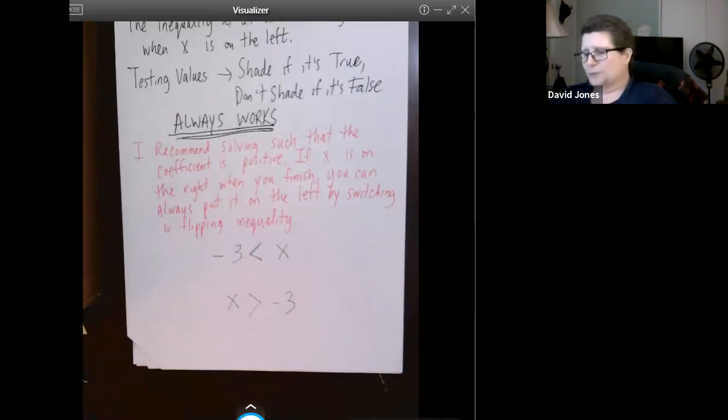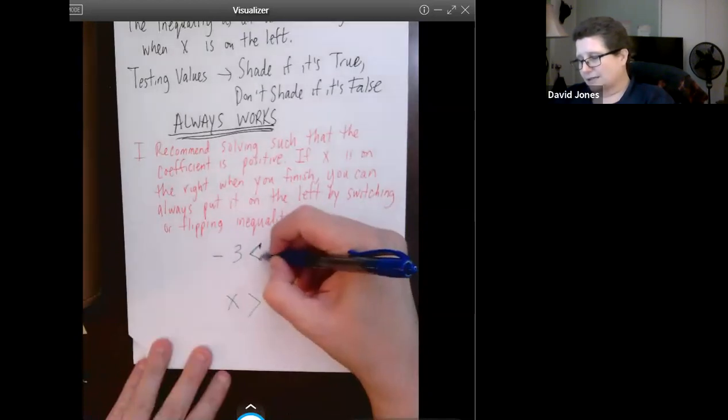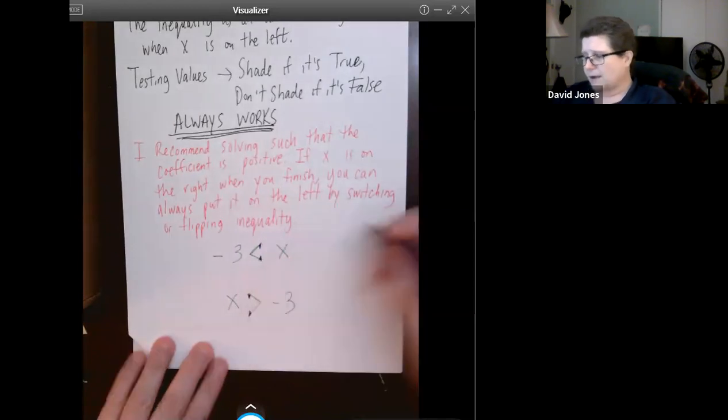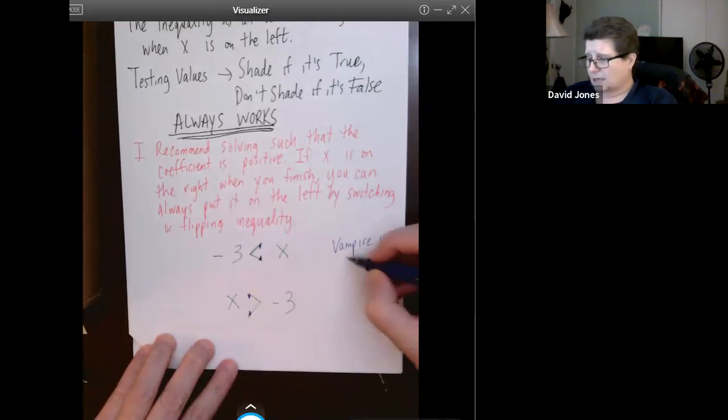Something that might help you is pretend this is a little alligator mouth or vampire mouth. The vampire is chasing x.